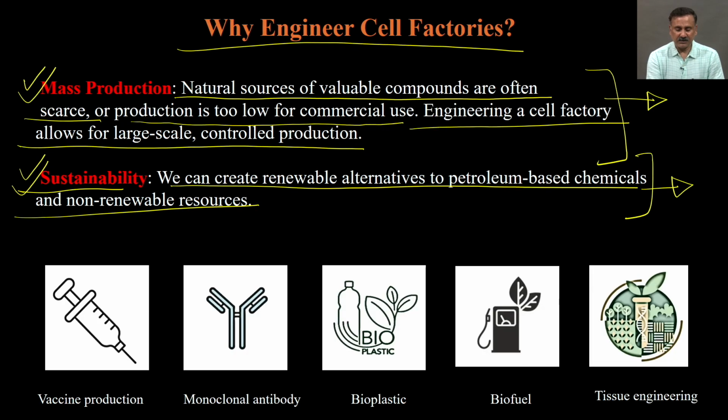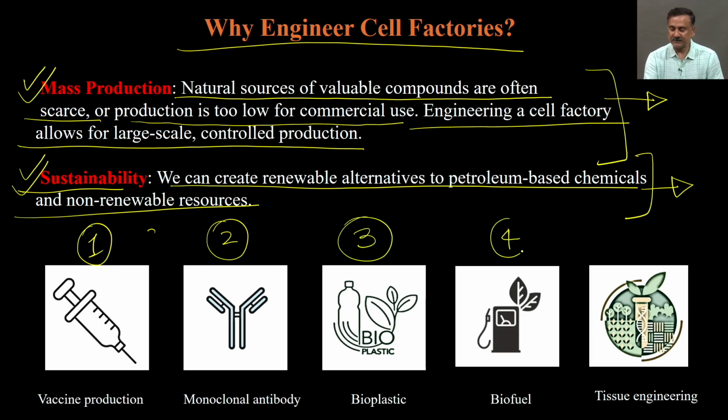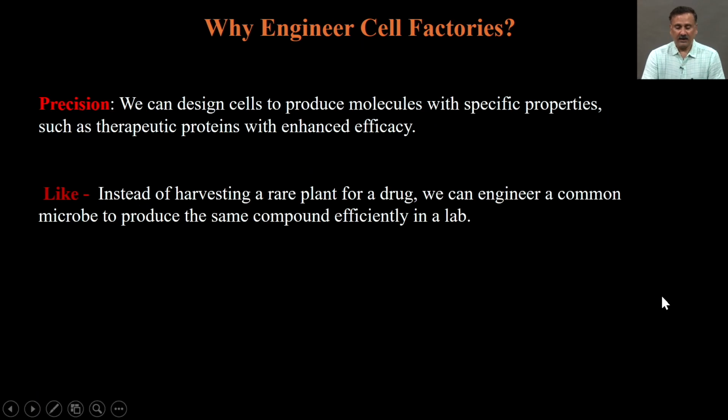For these purposes, you can use these cellular factories for producing vaccines. You can use them for producing monoclonal antibodies. You can use them for producing bioplastics, biofuels, and also for different types of tissue engineering applications.